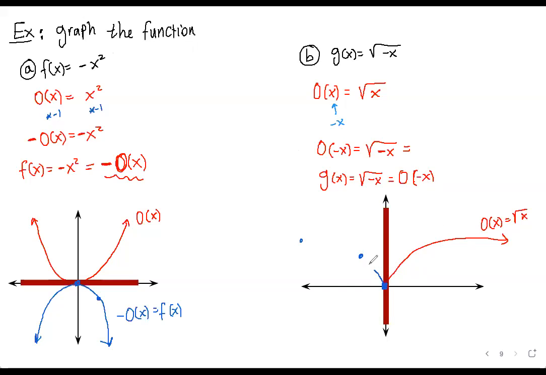So the graph will be something like this. This is O of minus x and is equal to g of x. Any questions so far?